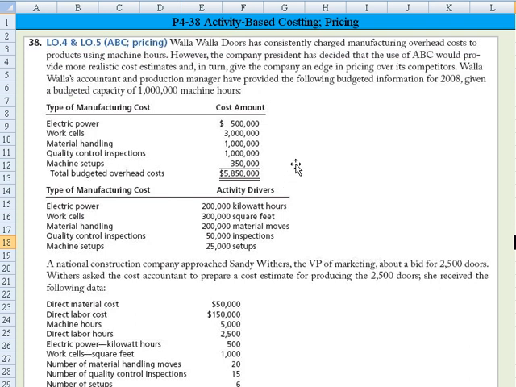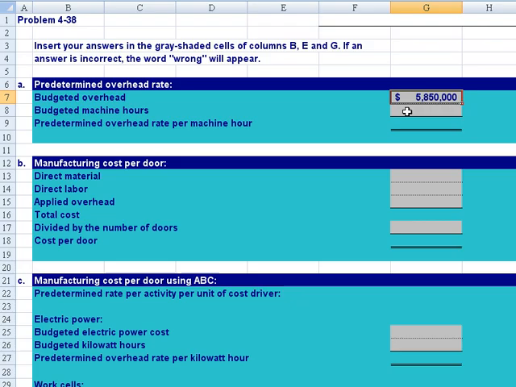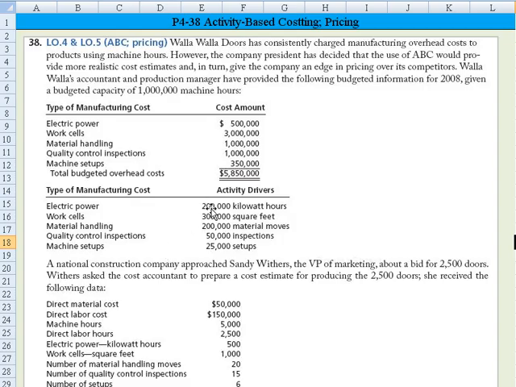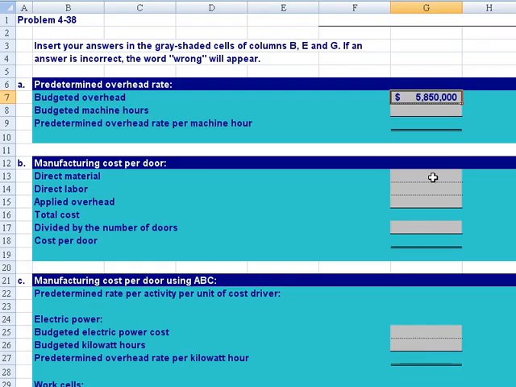And we got that from right there, the left of my mouse. Okay, and the budgeted machine hours, we've got to find that too, was right there, budget capacity of 1 million. So we drop that in, we get the formula, and the template is going to do the division for us, which gives us $5.85 per machine hour.